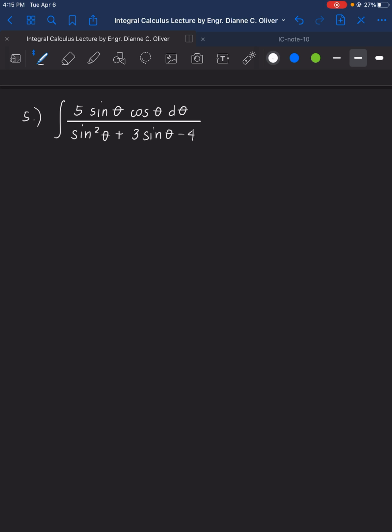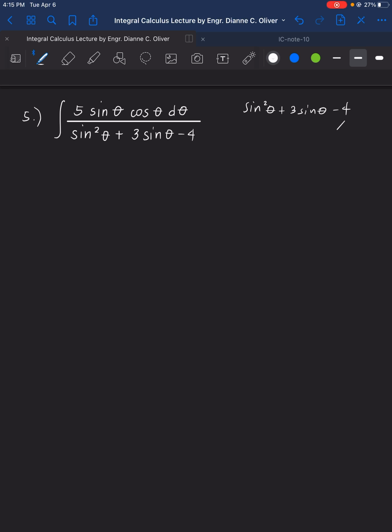Factor out the denominator first. It's difficult if this is the first time you encounter this format, but if you think of sine theta as x, then it won't be that difficult.